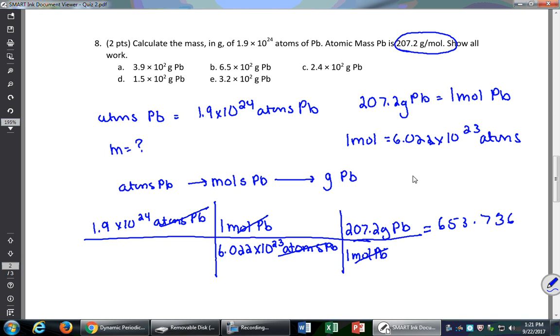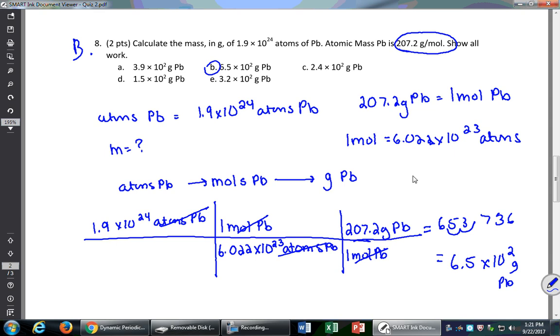But because I only want to show 2 significant figures, so I'm not ambiguous, I'll just move it to scientific notation, 6.5 times 10 to the 2, because it's more clear that way than just putting 650, because that 0 at the end can be a little ambiguous. 650 is not necessarily wrong, it's just this way is a bit more clear. So that's B. Does anyone have any questions with setting these up?